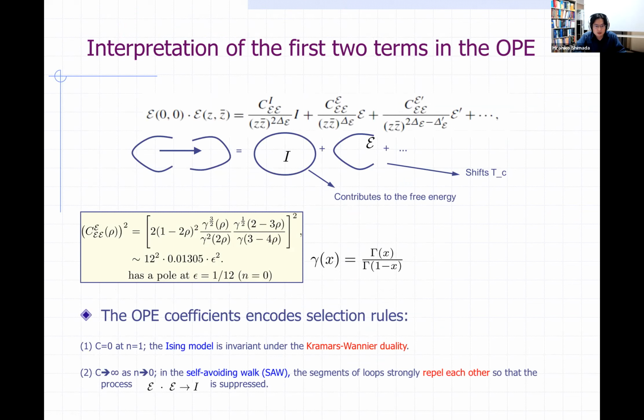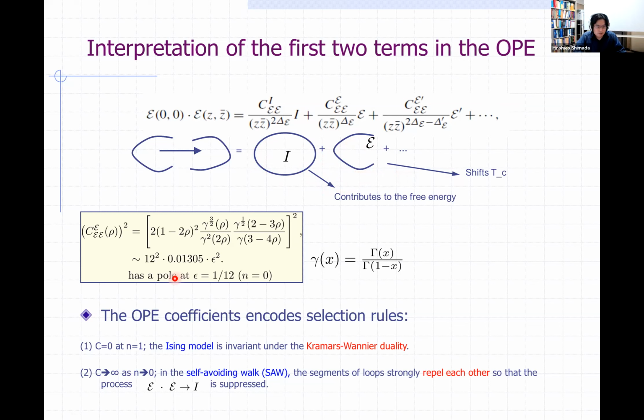And actually we use this behavior of the operator product expansion. The intuitive interpretation of this energy OPE is that if these two bonds approach, they can create a loop. This loop contributes to the free energy, and if this makes the energy operator again, then this shifts the T_c.